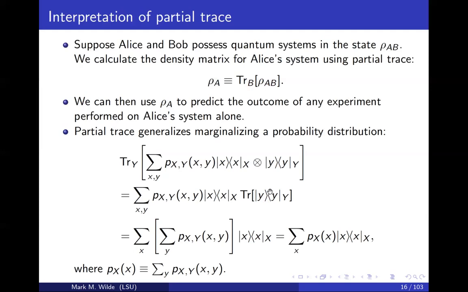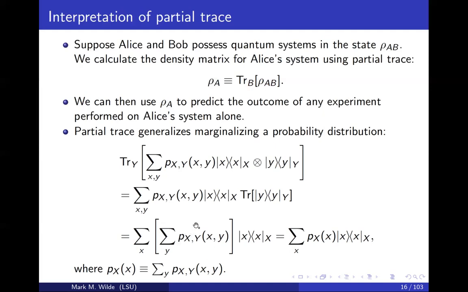And then some calculation you can do is if you take the trace of the projection formed by a unit vector, that trace is equal to 1. So you just get the number 1, and then this sum over y, you can think of it as happening first, and then there's this sum over x.